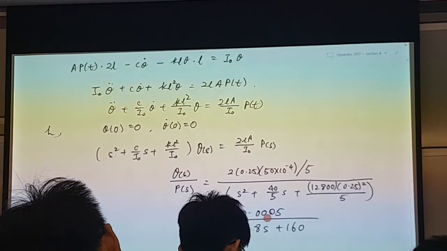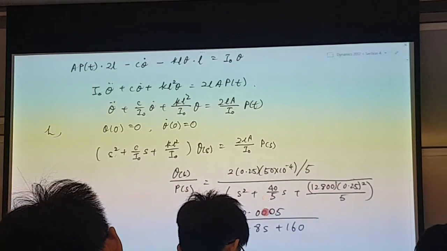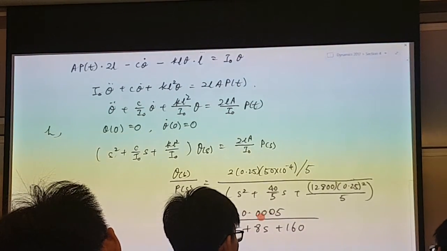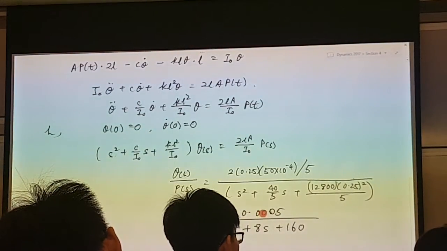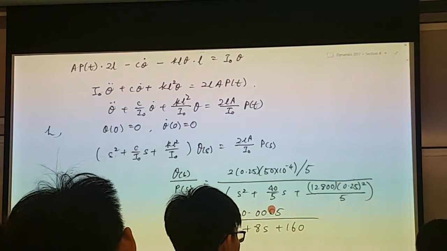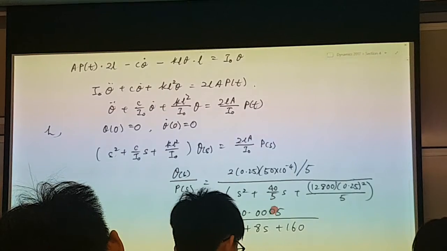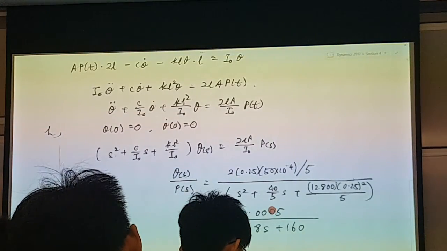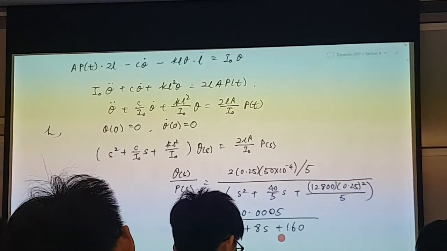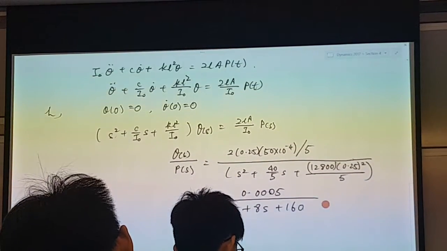So I have seen before students, when they do the calculation for that numerator, it became 0.005 because of many zeros, and then they miss out that 110, and then the rest of the calculation became wrong. I've seen that before.